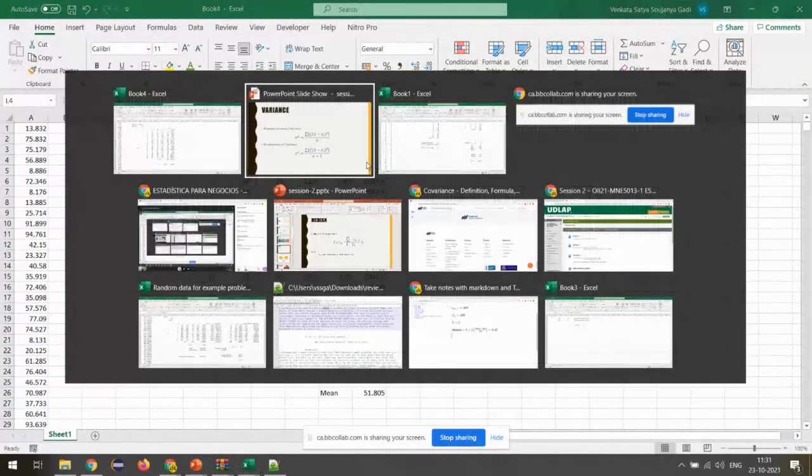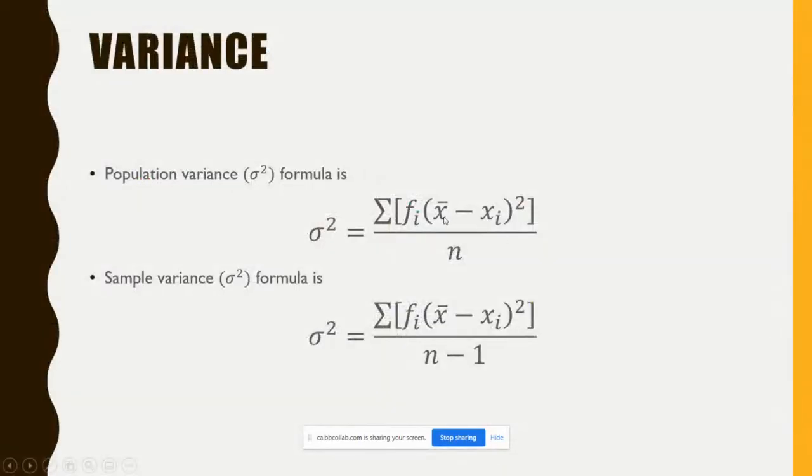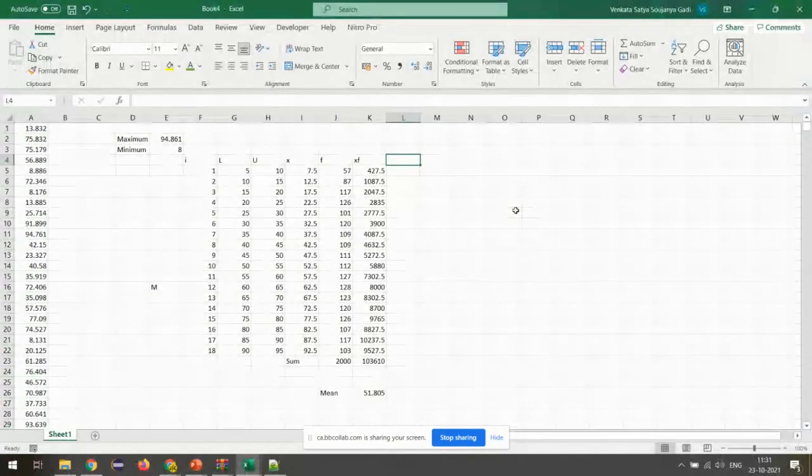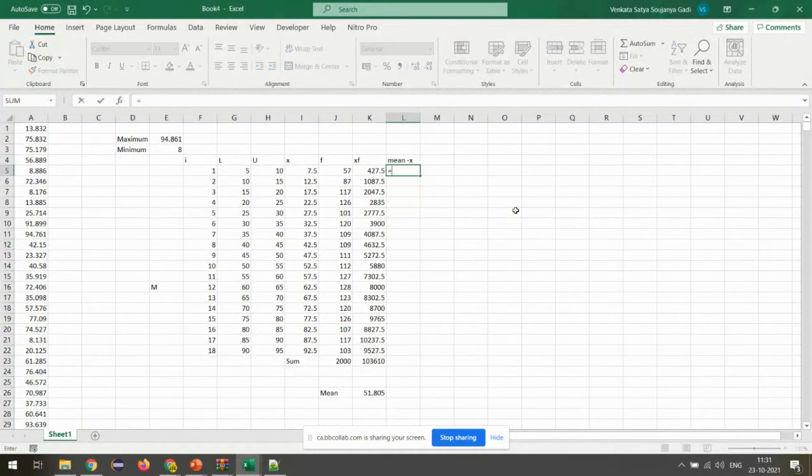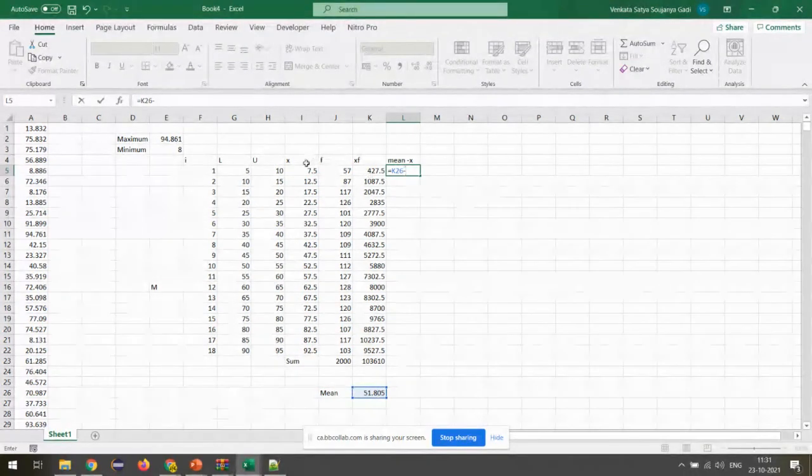So what we want to do next is subtract the mean minus the midpoint. So what we do, mean minus x. So we get, what do we get? The mean is this, minus the x is this, right? Okay.